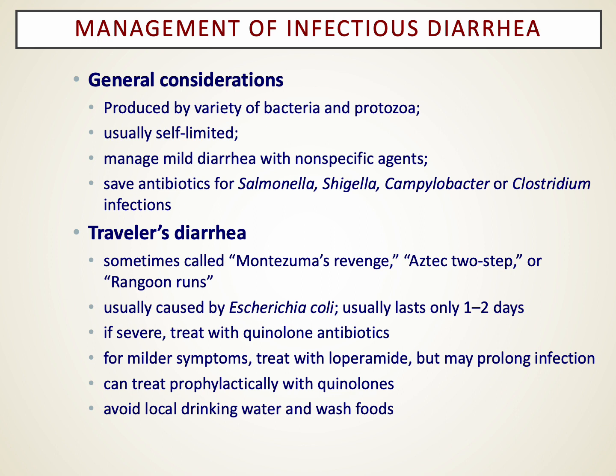That could be out-of-country travel, but it could be in-country travel, particularly if someone has just recently responded to a natural disaster where septic systems or sewer systems have been compromised in some way, shape, or form.